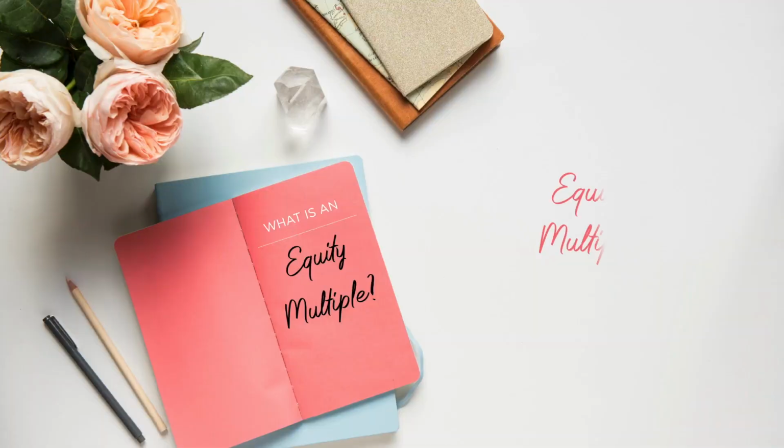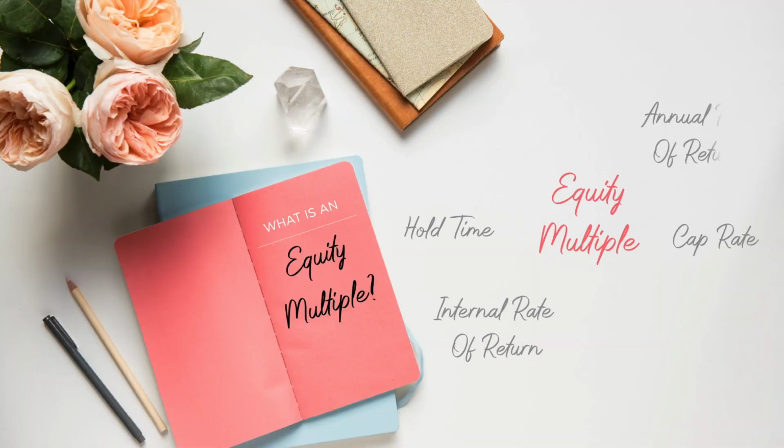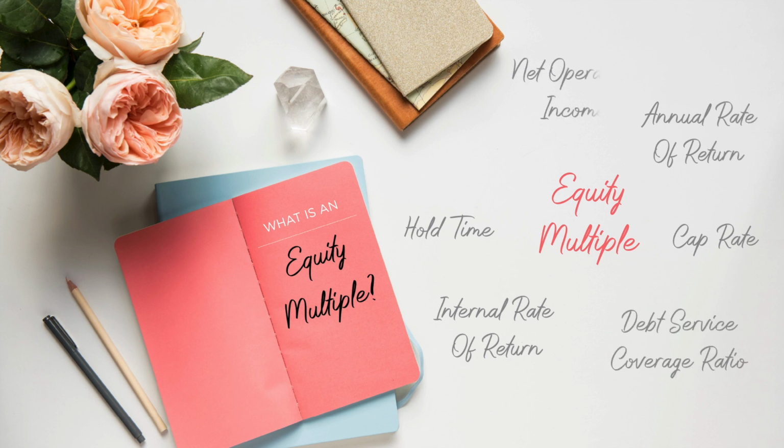So now you know what an equity multiple is and what it means for you as a passive real estate investor. But how do you know how it fits in with the rest of the projections you see in the investment summary for a potential real estate syndication deal?